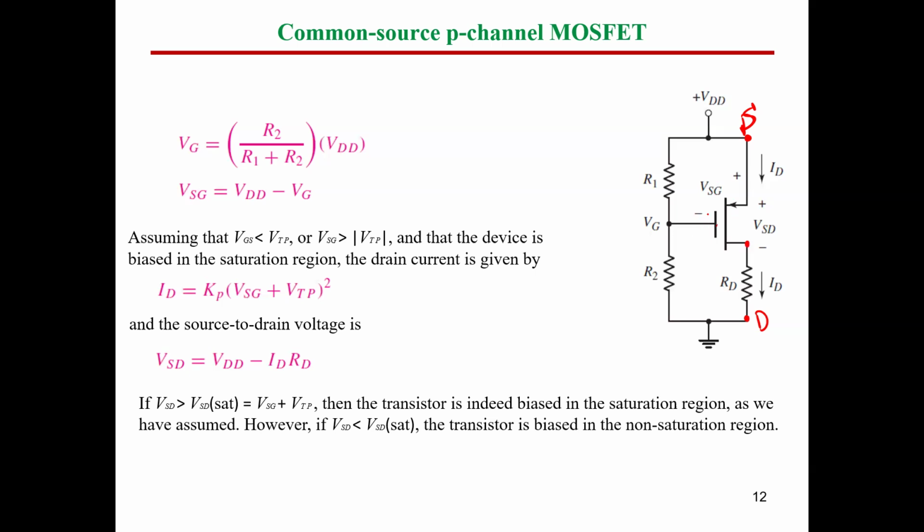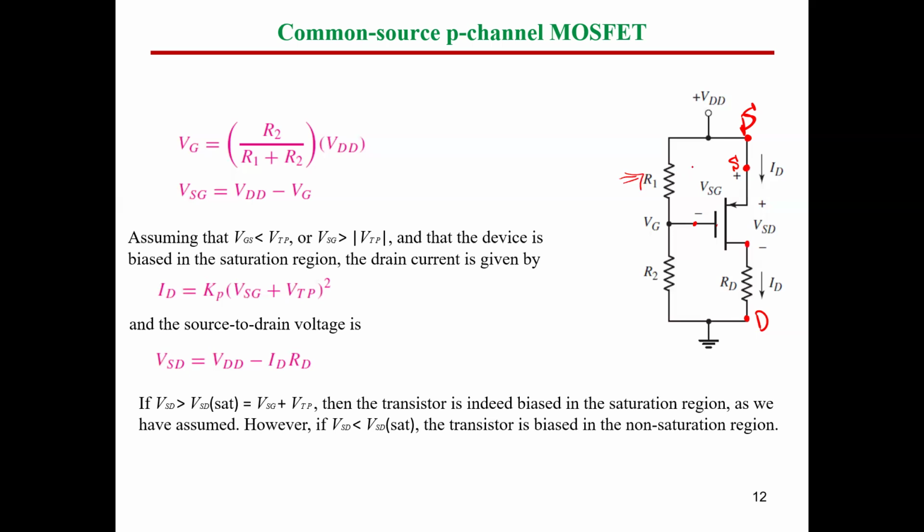So it's opposite now. This is S. This is G. So VSG is positive here and negative here. And if you compare that, you will find that it's equivalent to the voltage drop across this resistance R1. So if I would like to get it, how can I get this voltage?